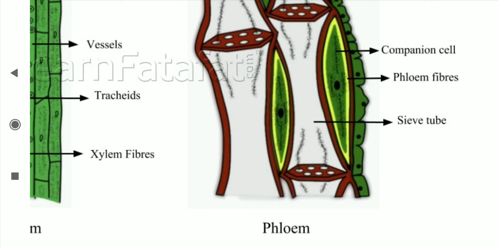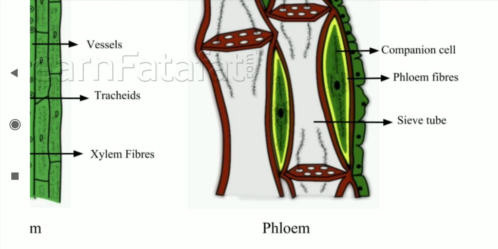They live together. Each companion cell is living. Children, here sieve tube is also living and companion cell is also living.